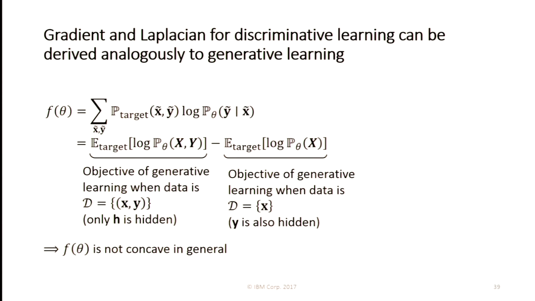So here we are maximizing this log likelihood for x and y. And the second term is similar to the objective function of generative learning when the data is just these input patterns. And in this case, we should think that the output is also hidden. Output is hidden. And then we can apply the gradient for the generative learning twice to get a learning rule for discriminative learning.